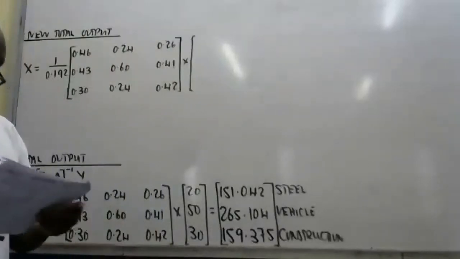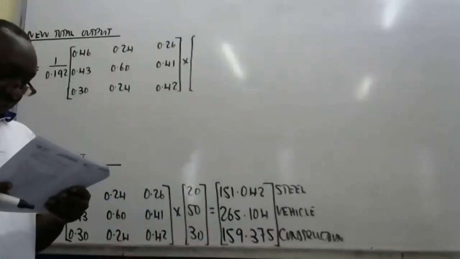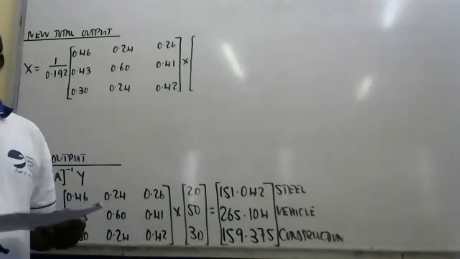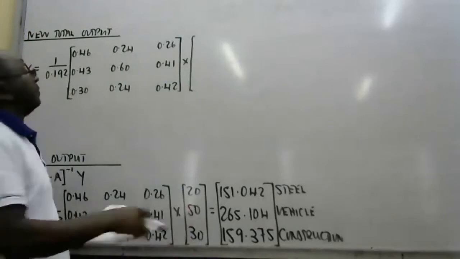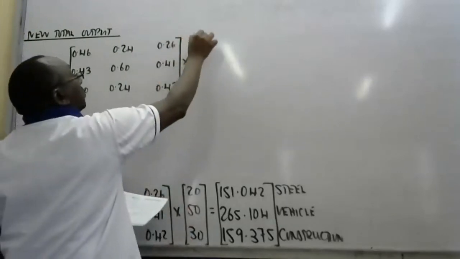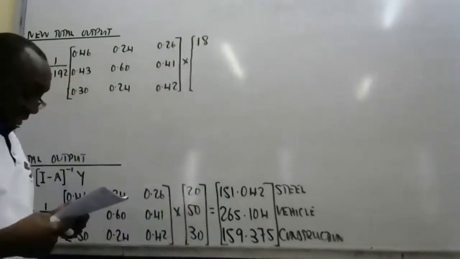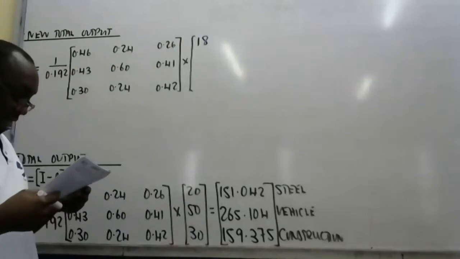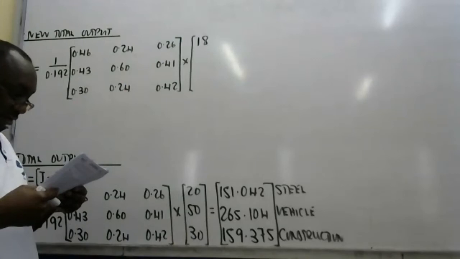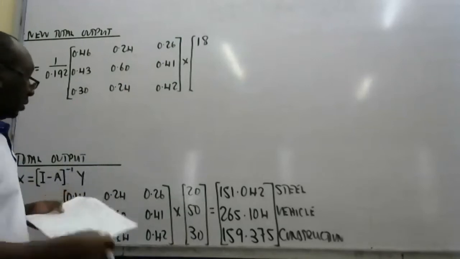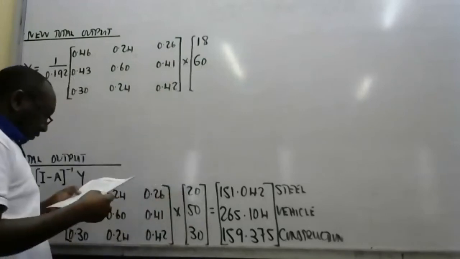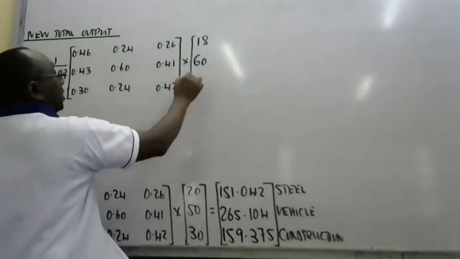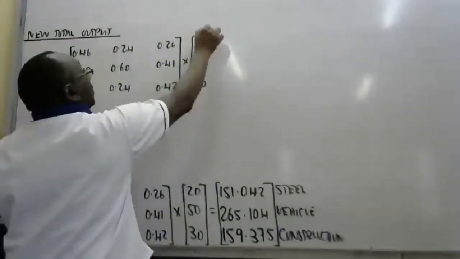We are told that for the steel, it is decreasing by 2, so it is moving from 20 to 18. Then the one of the motor vehicles increases by 10, so it goes to 60. And the one of the construction does not change, so it remains at that.